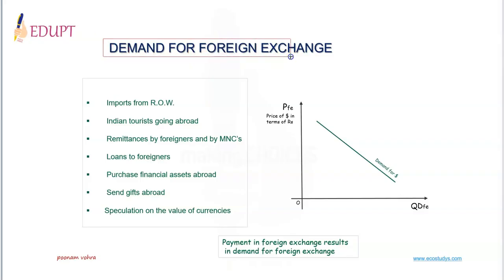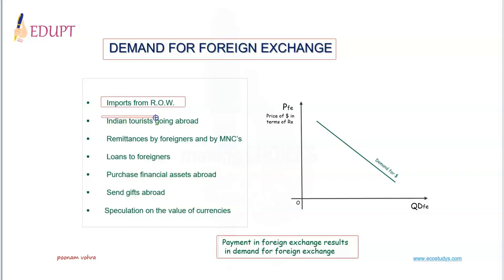Demand for foreign exchange. One needs to understand that payment in foreign exchange results in demand for foreign exchange, and payment is made when there are imports from rest of the world, whether it is goods or services.